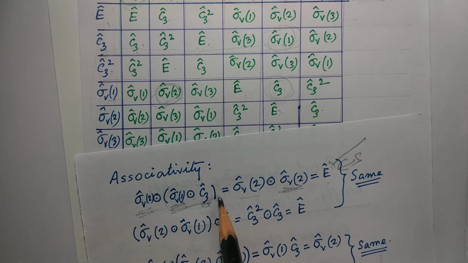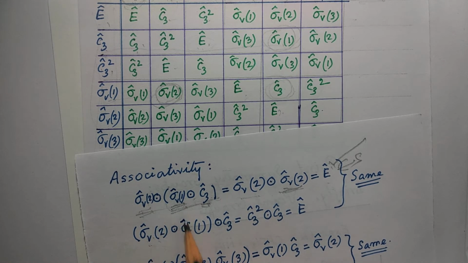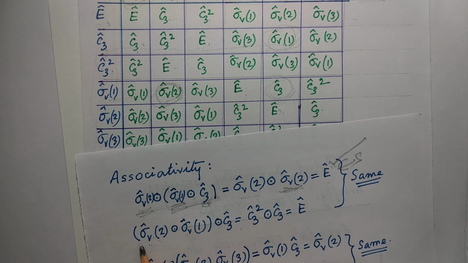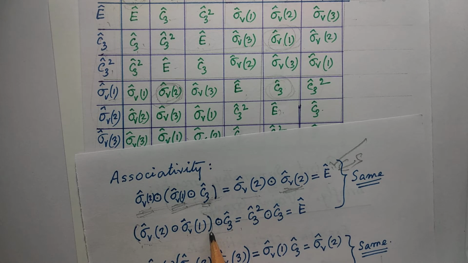We take the same three elements in the same sequence, sigma v2, sigma v1, C3. In the same sequence, we take the same three operators, but we now combine them in a different way. We combine these two first and combine the result with C3.